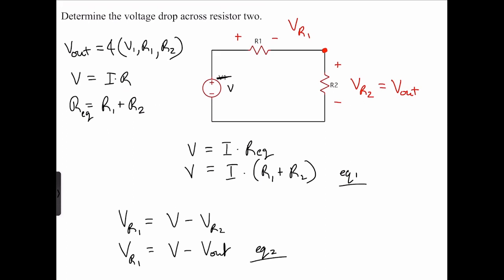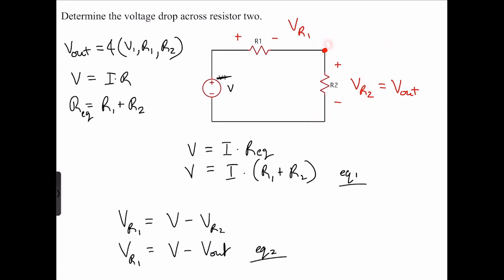So when we look at the voltage across R2, we see that that voltage is the difference of the voltage drop across R2 and ground.